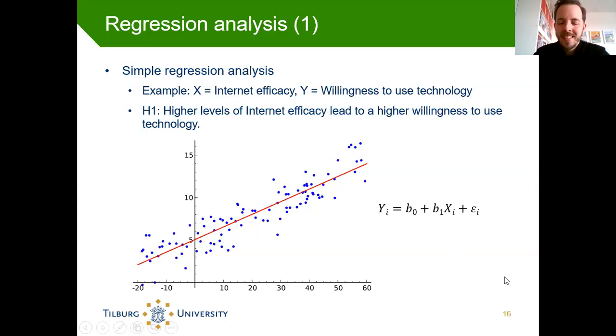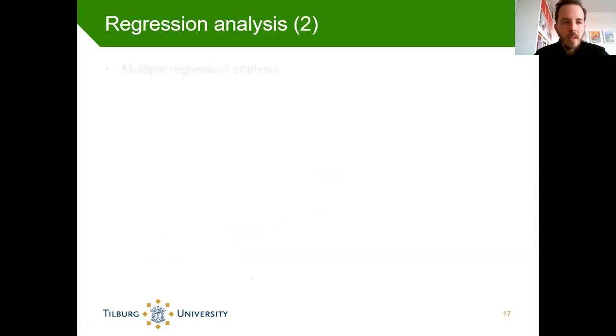As I said, in this course, we're going to look at multiple regression analysis. A multiple regression is simply an extension of simple regression. Basically, the main difference is that in simple regression, you only have one predictor. In the previous example, we had one predictor.